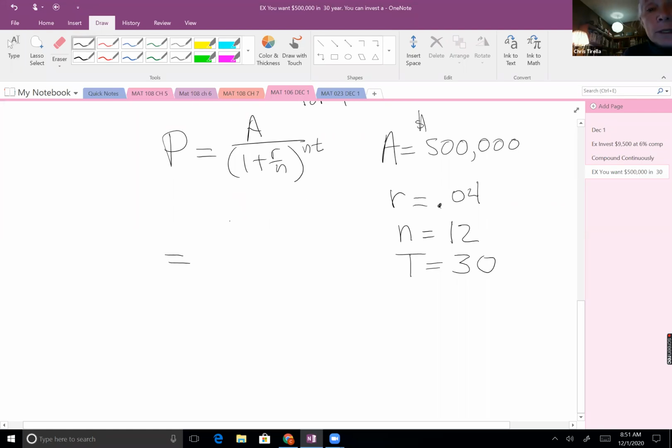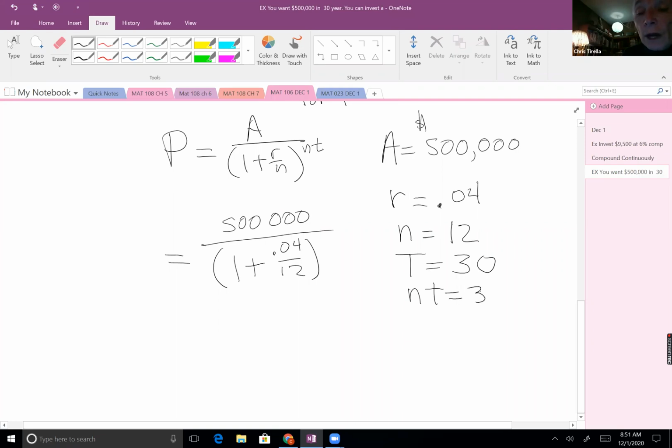Substituting into this new formula, I'll have that 500,000 divided by parentheses 1 plus 0.04 over 12. I forgot, we want to figure out that NT in advance. 12 times 30 would be 360. Again, this is one of those things that I would not want to do by hand without a calculator, because thinking of taking that crazy decimal and multiplying it by itself 360 times makes my head hurt.